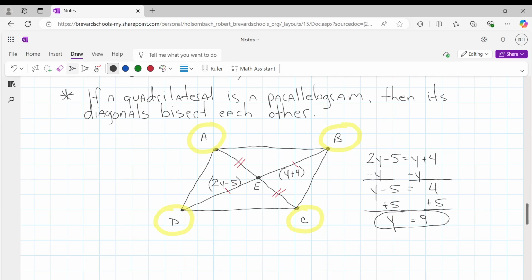Because if you wanted to name this parallelogram, you would name it ABCD. Those are just vertices, all right? The variables are the lowercase letters that are in the expressions that represent the different angle measures or segment lengths in the problem.